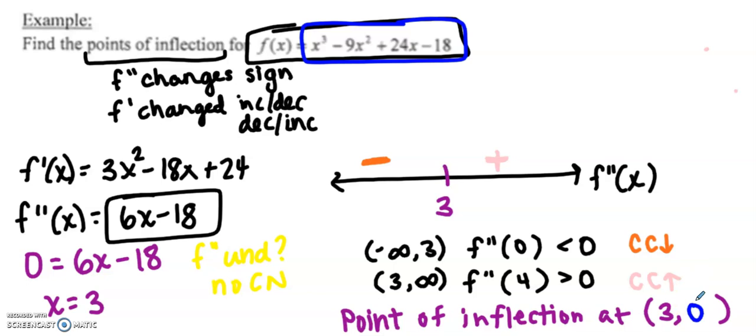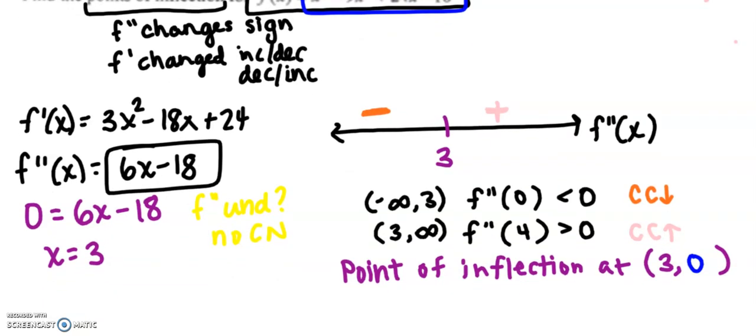Okay, so the coordinate point 3, comma 0 ends up being a point of inflection because f double prime changes from negative to positive.